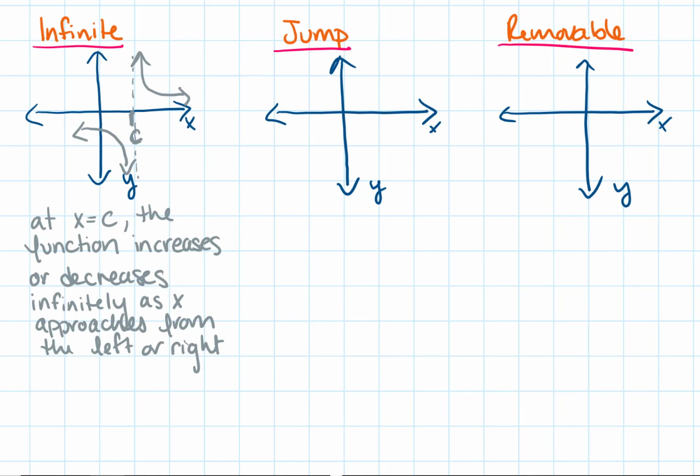So if we're approaching c from the left, and I'm following along the graph, we're going towards negative infinity. And if we approach from the right towards x is equal to c, we're going towards positive infinity. We are unable to trace both parts of the graph without picking up our pencil.